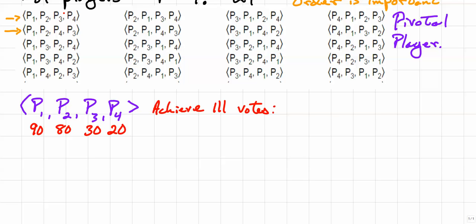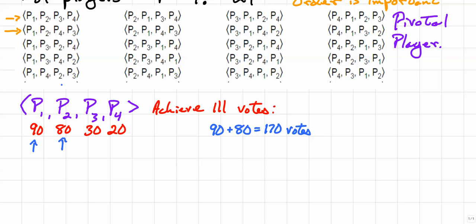Well, in order to do that, we'll start with this coalition, and we'll see that this is 90 votes. That's not quite 111 votes, is it? So then next, I look at this one, which is going to add 80 votes to that. So if they both vote the same way, that means that I have 170 votes total.